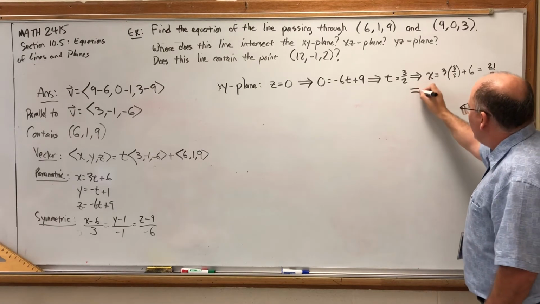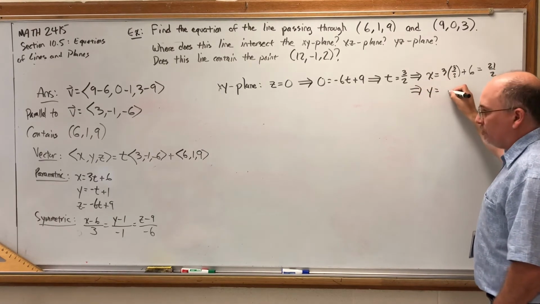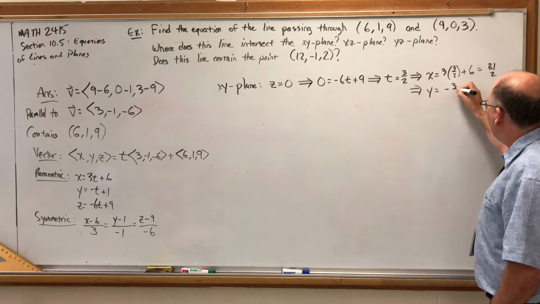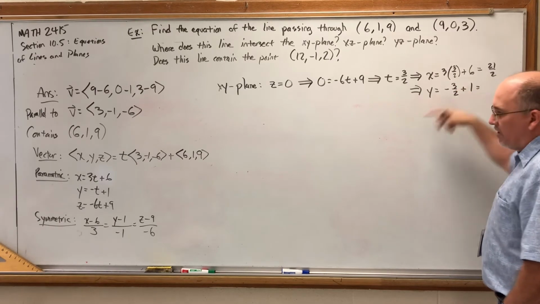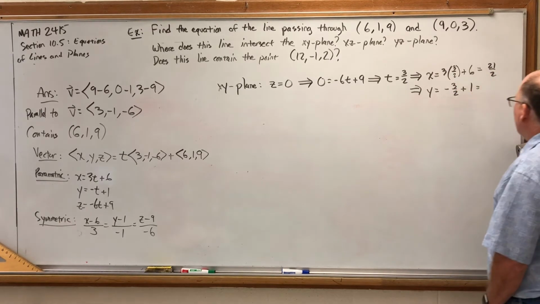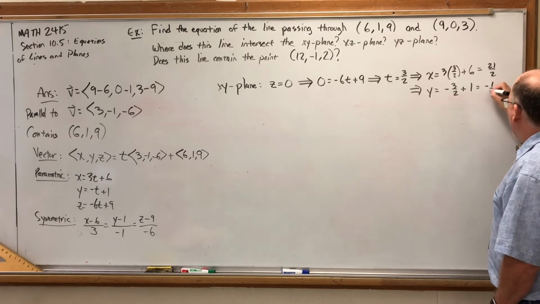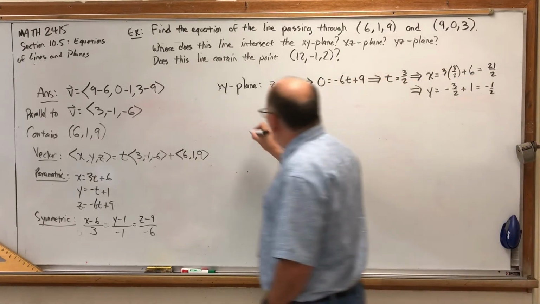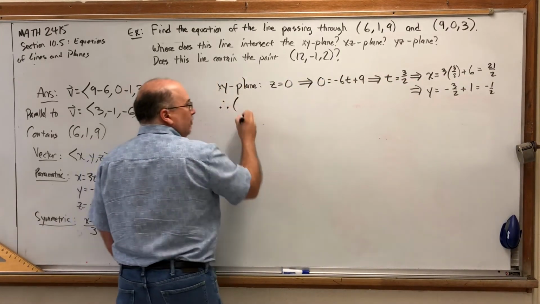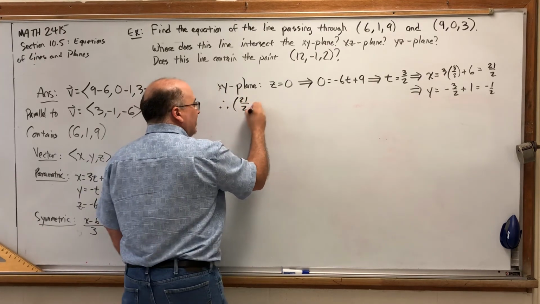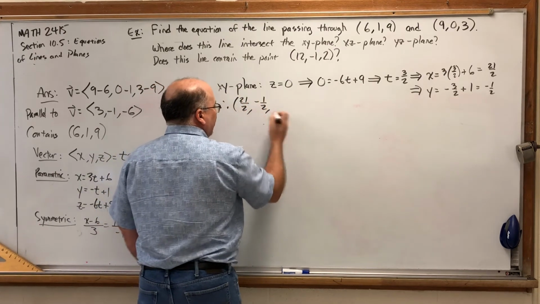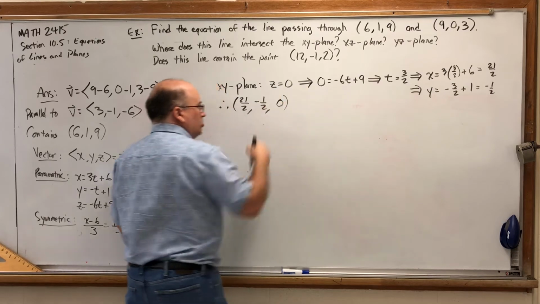But this also implies that y is equal to negative t, so negative 3/2 plus 1 from our second parametric equation, and that's equal to negative 1/2. And therefore the point on the yz plane is 21/2, negative 1/2, and 0, because we started with z equals 0.